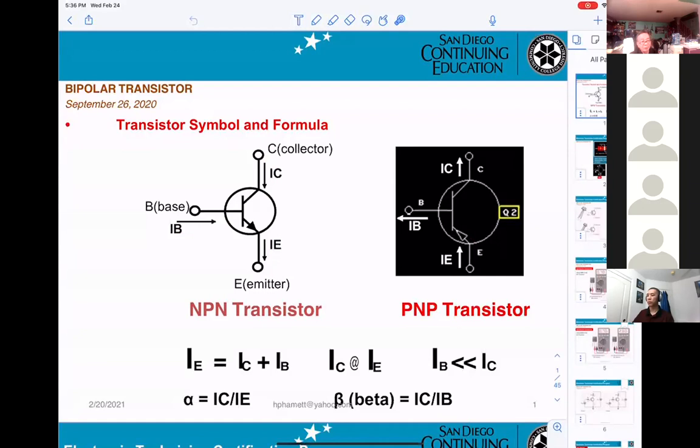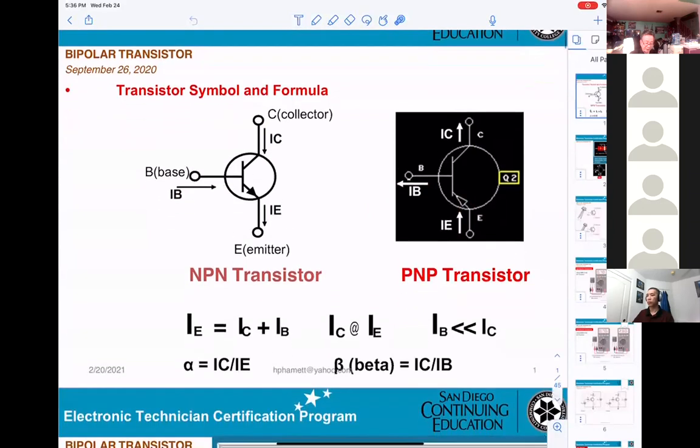They will be opposite in the PNP. In PNP, the emitter current goes in, and IB, the base current, comes out, and IC, the collector current, comes out. That's what you need to recognize.